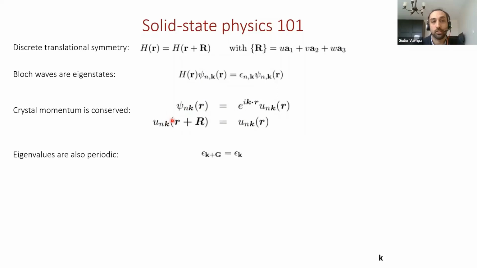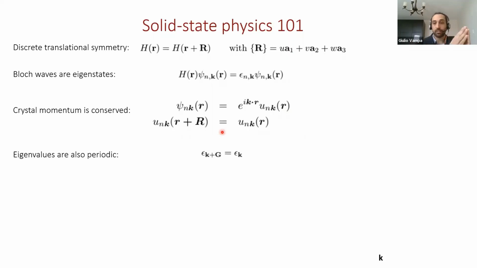That's what really matters. And they're constructed in a way that they have this form, basically a plane wave with this crystal momentum k multiplied by this function u, which is periodic with the period of the unit cell. So this is basically the function that defines how the wave function looks on each atomic site.